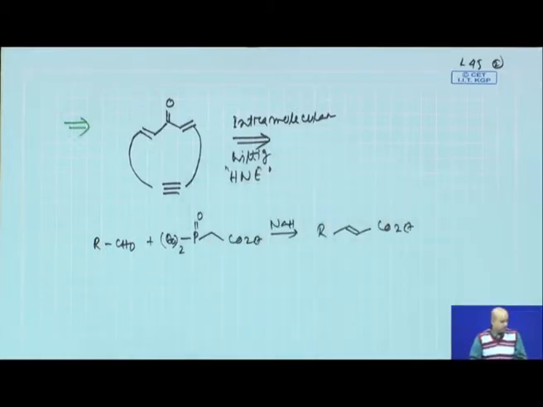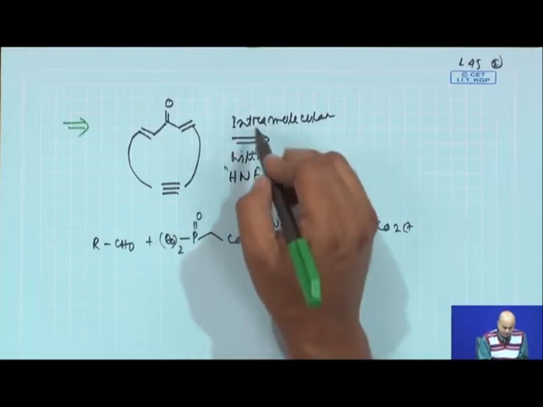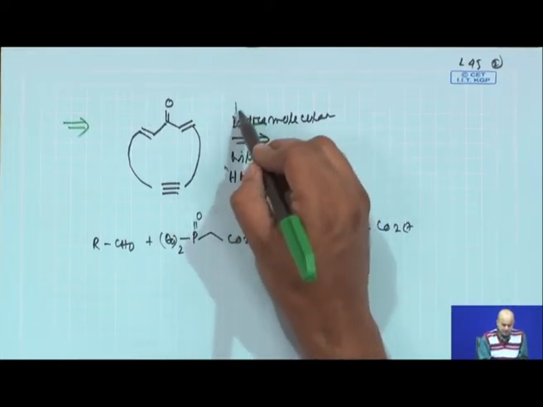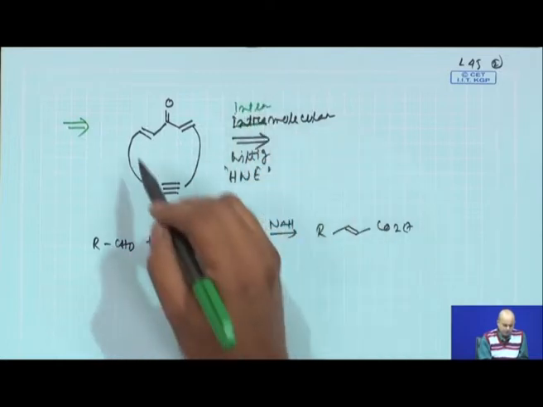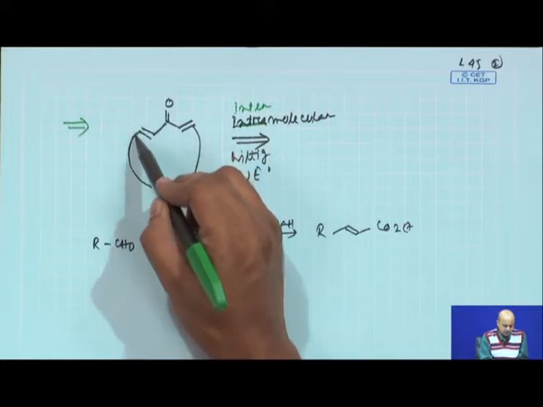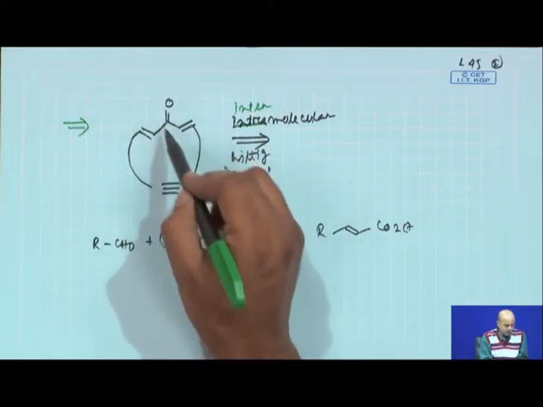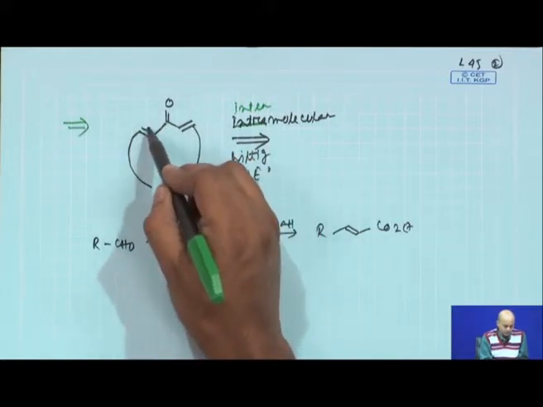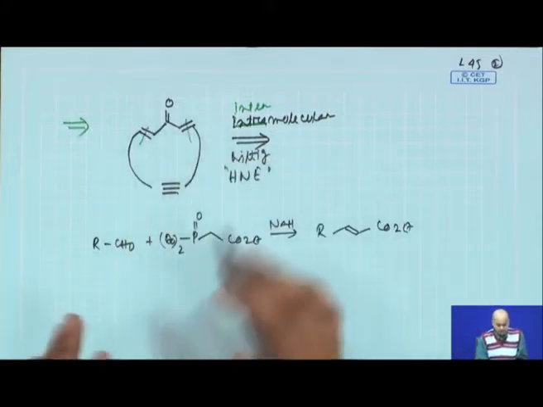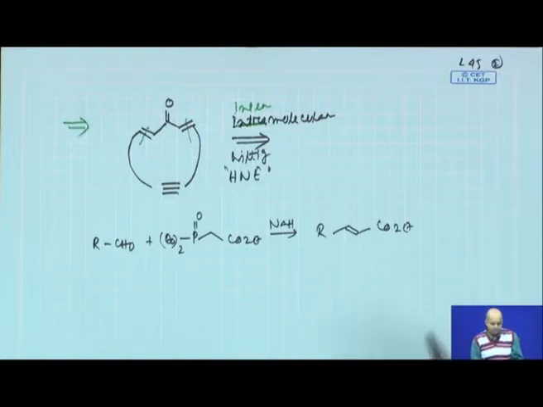Now here what I proposed, it is not an intramolecular Wittig actually, it is basically an intermolecular Wittig. We propose that, okay. So this part you will be creating and this part you will be creating. So this particular double bond is coming from a Wittig, fine.